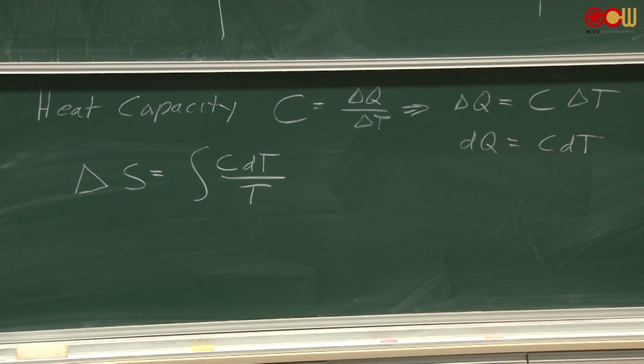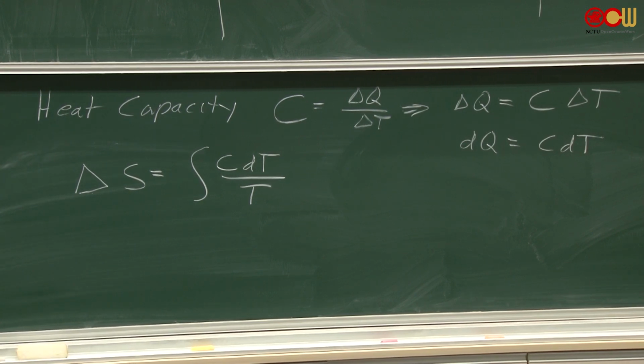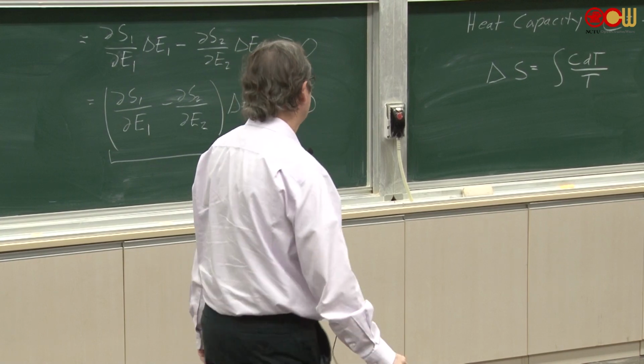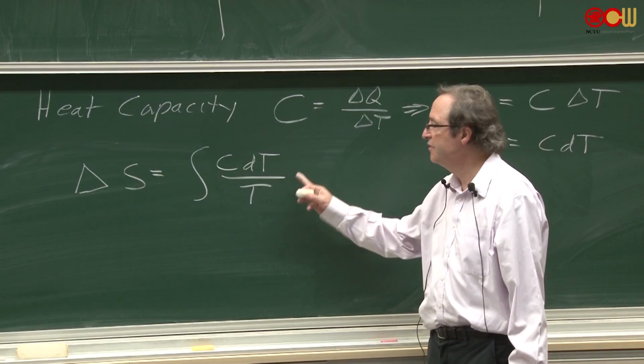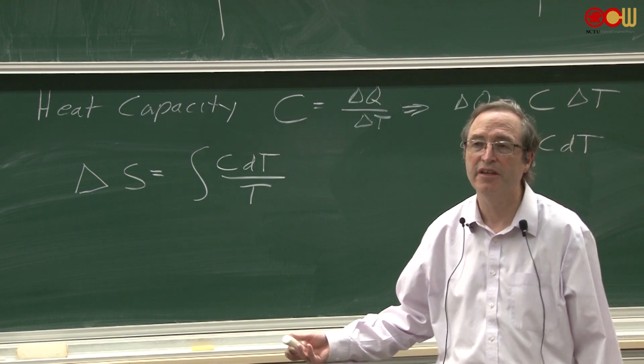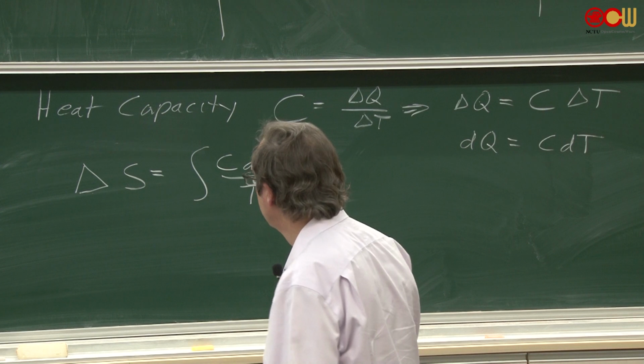All right? And I can use that formula at constant pressure or constant volume, and I can get the change in entropy. So if you give me how the heat capacity changes with temperature, I can do that.